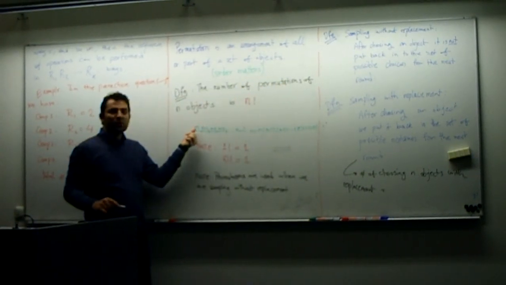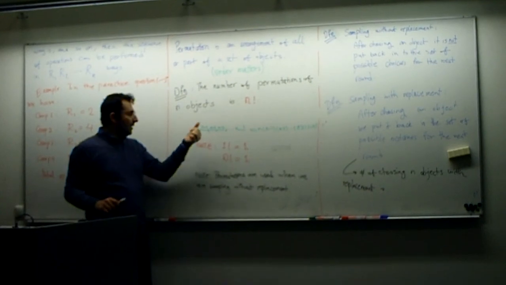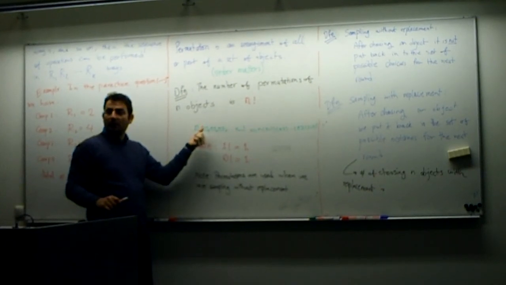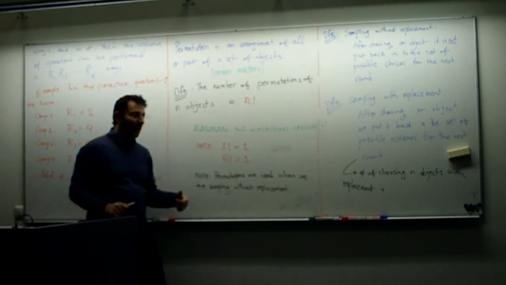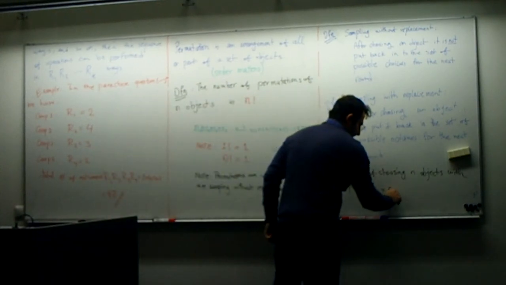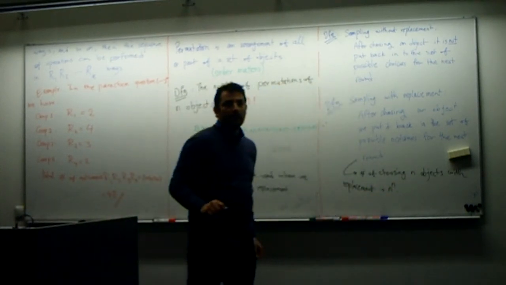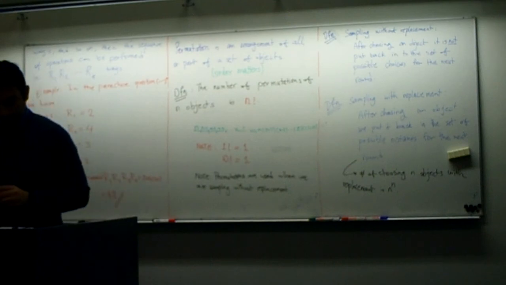How many choices do I have here? N. How many choices do I have here? N again. How many choices do I have here? N. So it will be n to the power n.